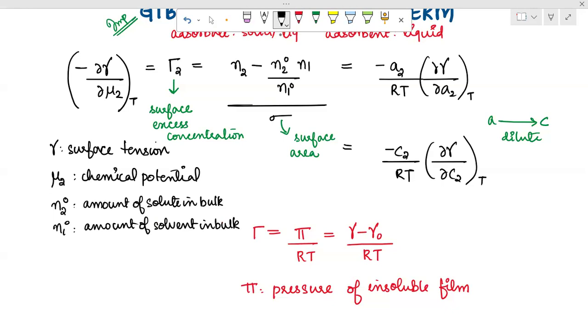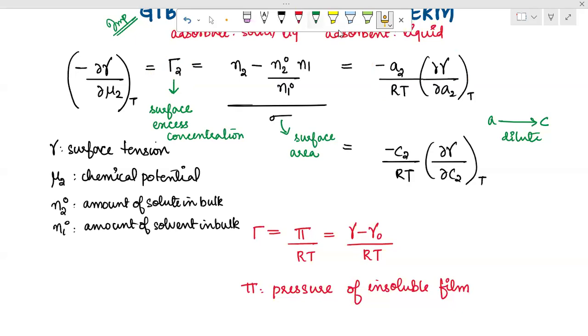Okay, you have to be careful because this is not the important equation actually speaking. The other one, meaning this one. That is surface excess. Let me explain. Surface excess is equal to, this equation is what is important: minus A2 by RT into change in surface tension by change in the activity is what is more important.